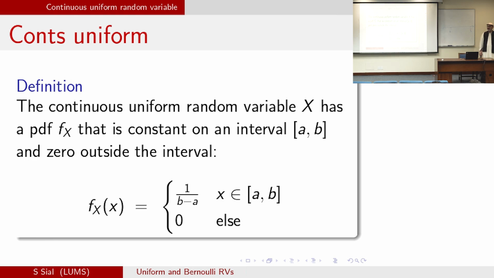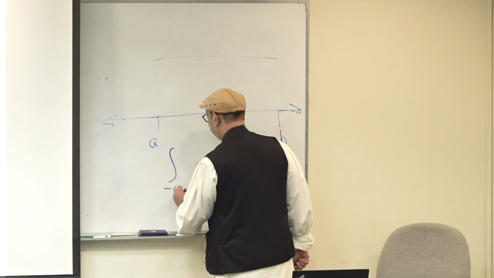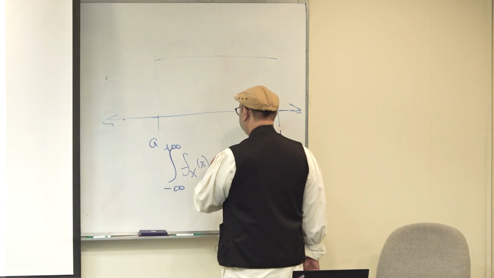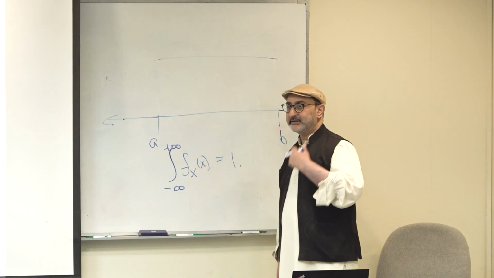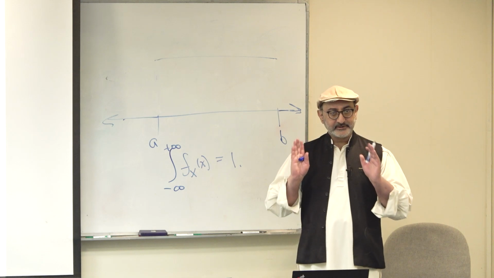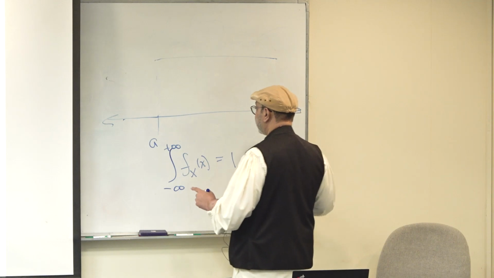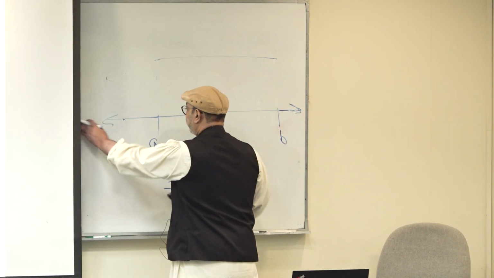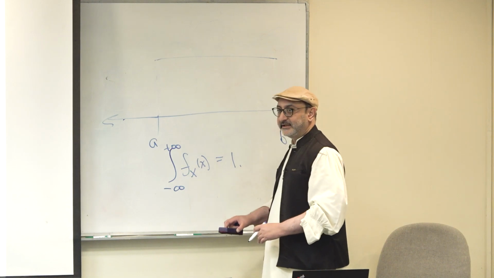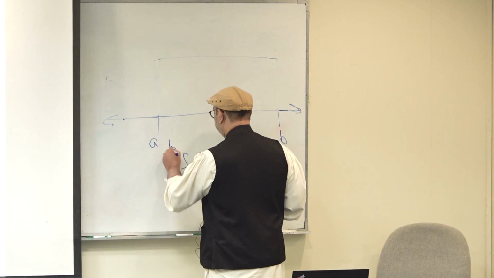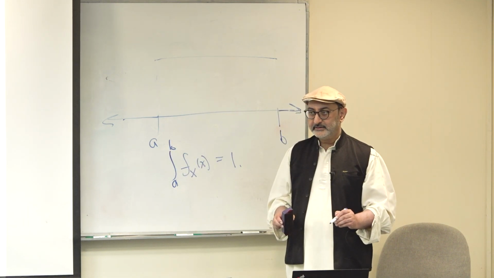So for a random variable, I need to integrate from minus infinity to infinity. I need to integrate the PDF, and I have to get 1. If I integrate the probability density over all reals, I'm supposed to get a probability of 1. Now, I'm saying that it's 0 up to A, and it's 0 past B, so I only need to integrate from A to B. Right?